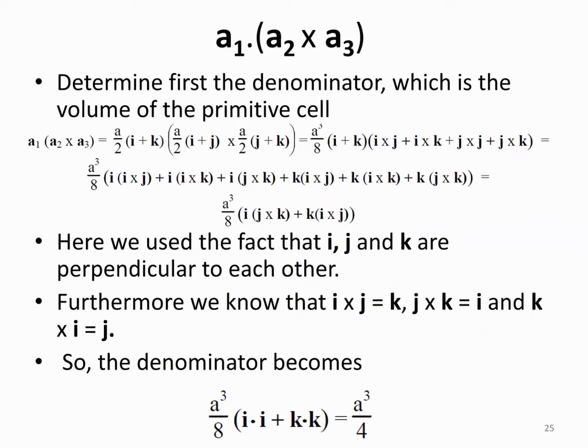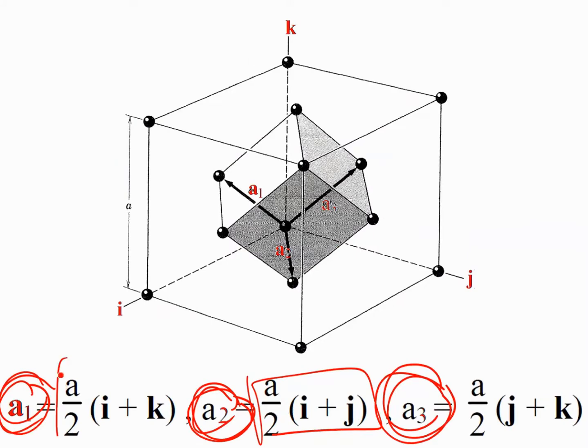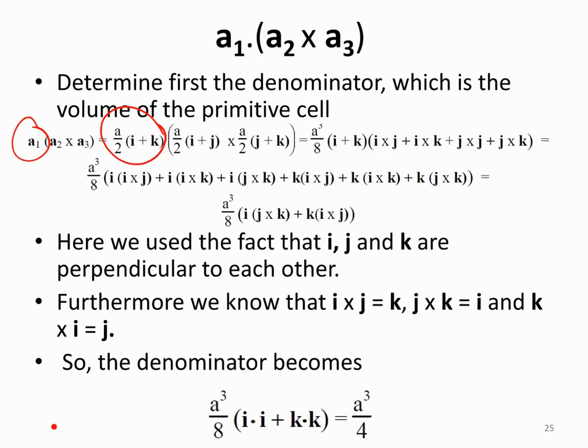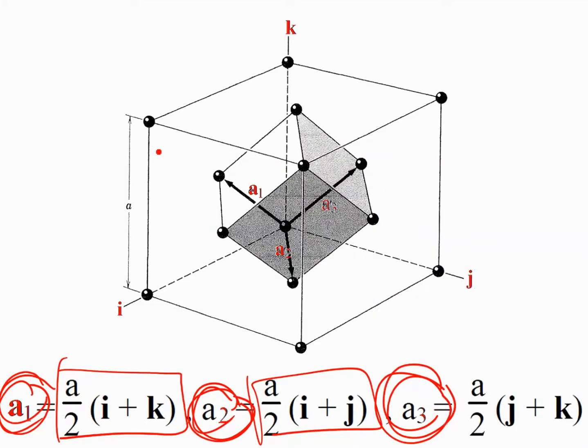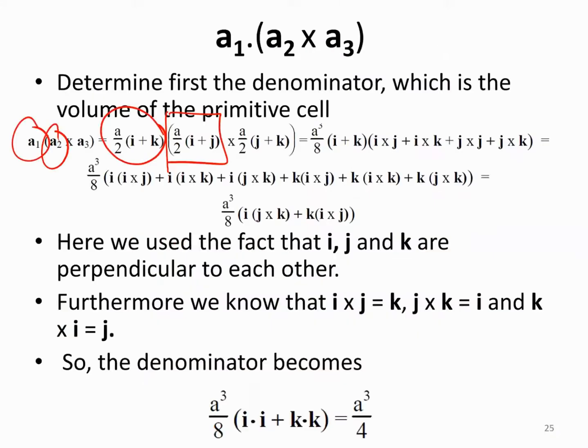Then now we know that a1 dot product with a2 cross product with a3 is the denominator, and it's also the volume of the primitive cell. So a1 equals a over 2 times (i plus k), I substitute here. a2 equals a over 2 times (i plus j), I substitute there also.